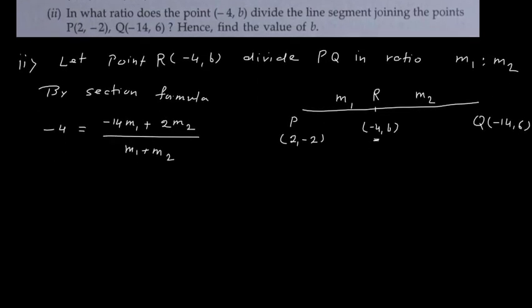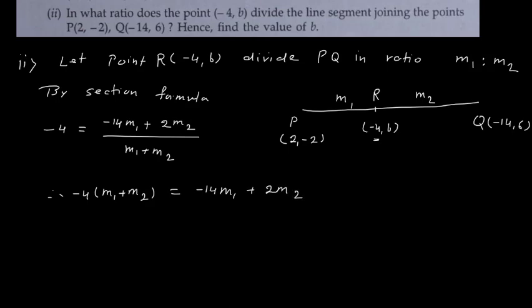This is the section formula. So therefore here we will cross multiply, we will get -4 into (m1 + m2) is equal to -14 m1 + 2 m2.